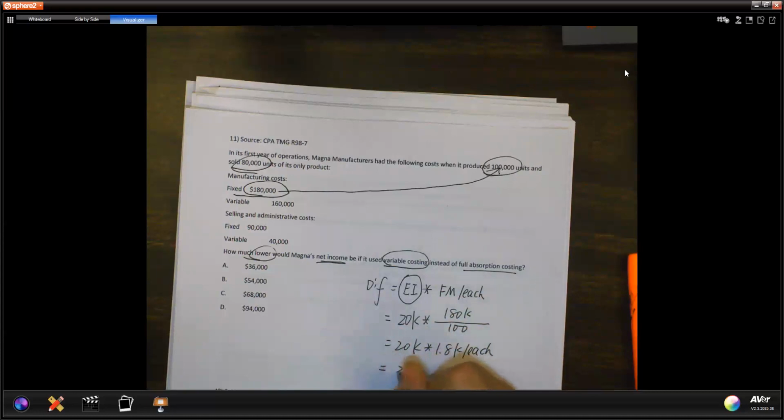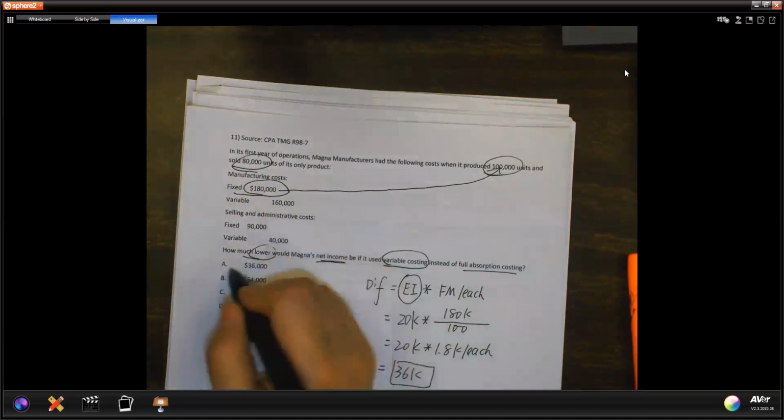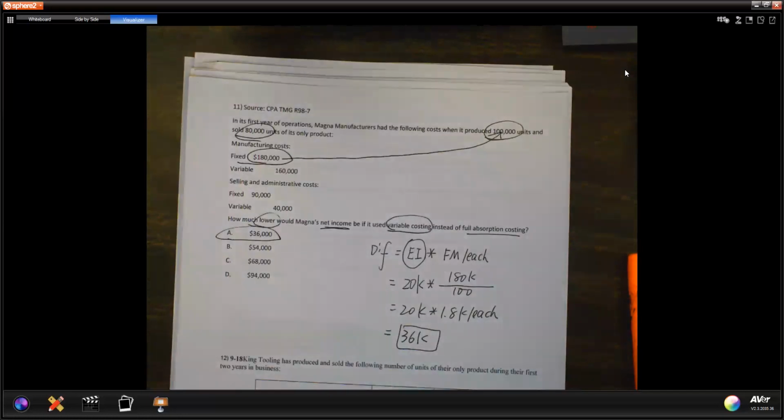Therefore, our total difference between those two methods will be $36,000. So your operating income using absorption costing will be $36,000 more than using the variable costing method. So if this question asks the other way, absorption costing will be $36,000 lower.